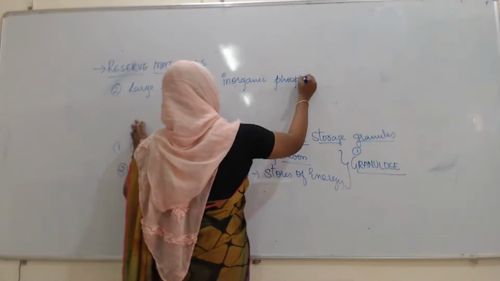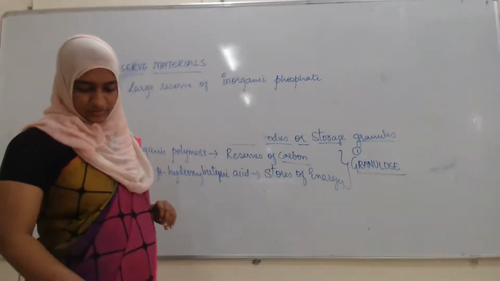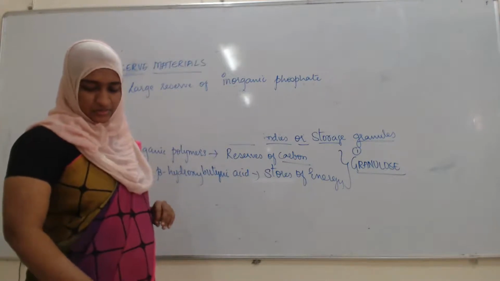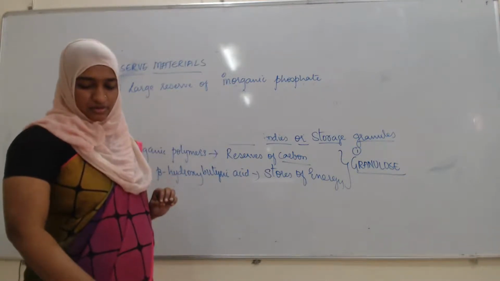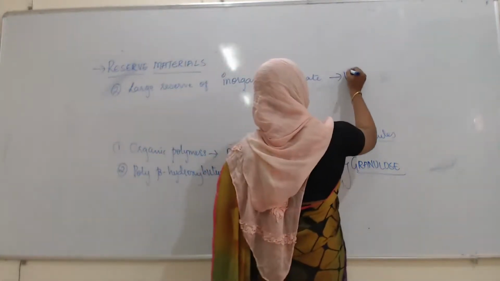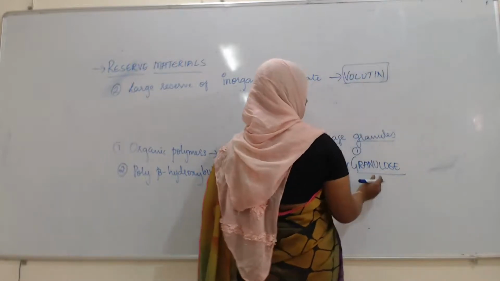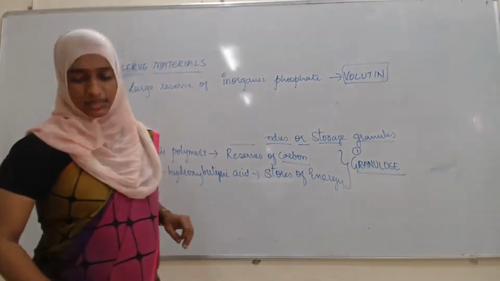What is that inorganic phosphate? It is a highly refractile granule, which is known as volutin. First is the granulose, second is the volutin.